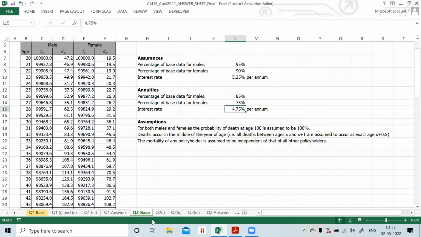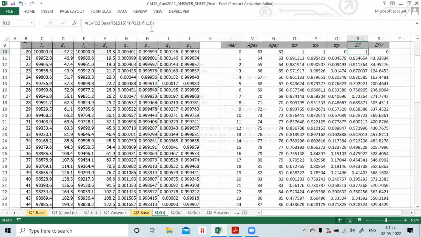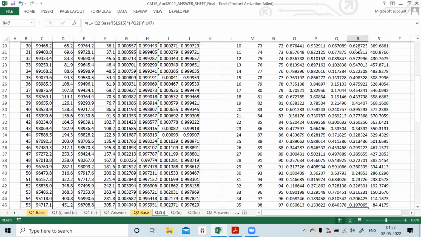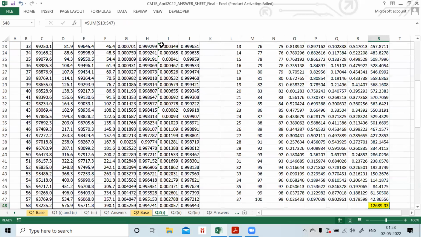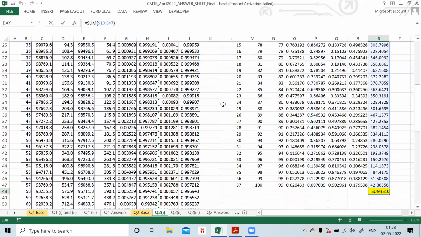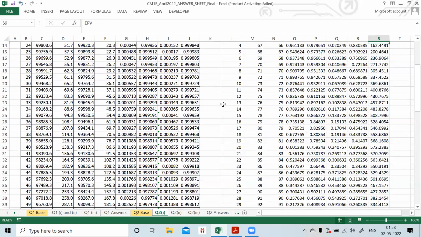Sorry, 4.75% over here, to the power of minus time. Once that is calculated for all the years, we get the EPV, which is nothing but 10,000 into tpx into tqy into the discounting factor. Once this is calculated, we sum all of this and get the value 12,689.33.